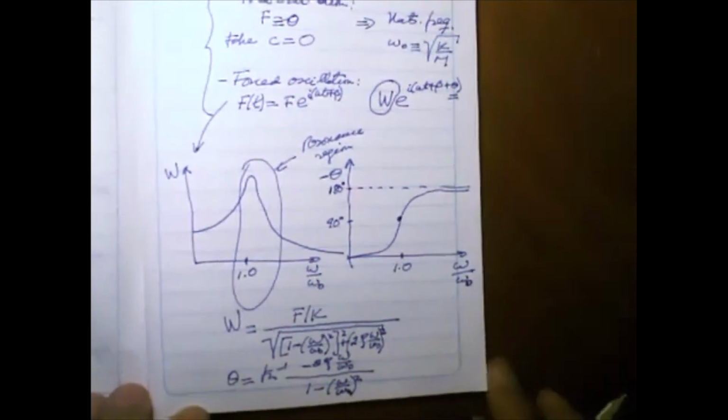The phase shift is equal to the inverse tangent of minus 2 zeta omega over omega 0 divided by 1 minus omega over omega 0 squared. Please remember this expression, it's a good idea to put them in your memory, okay?